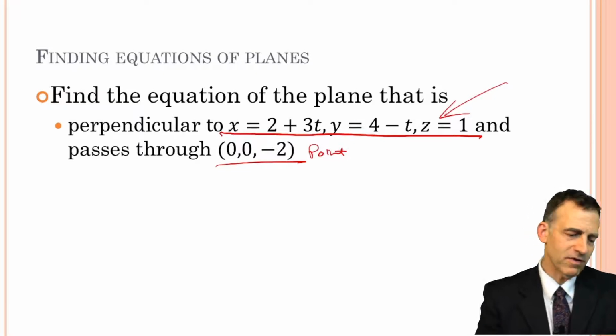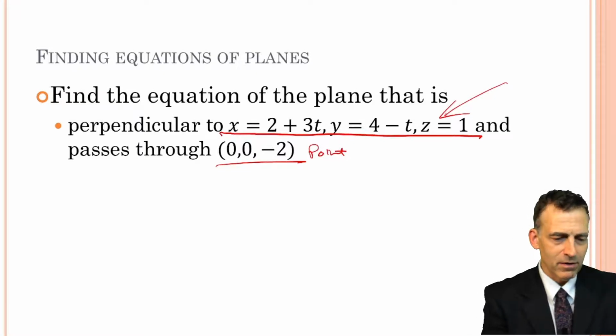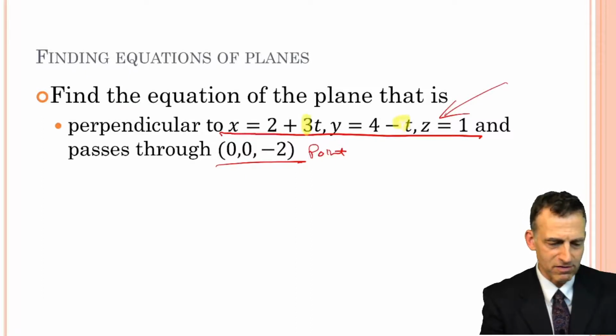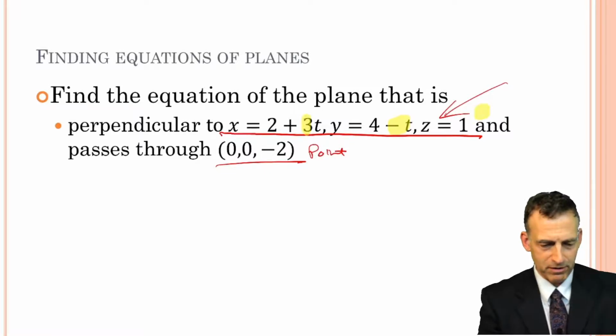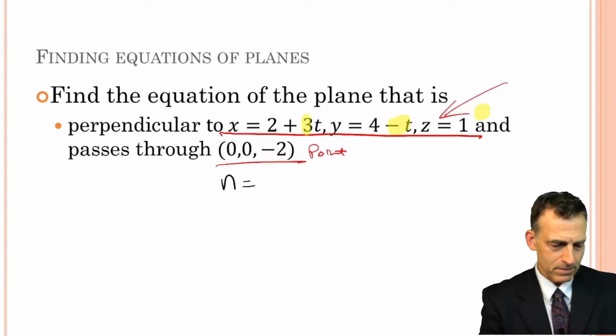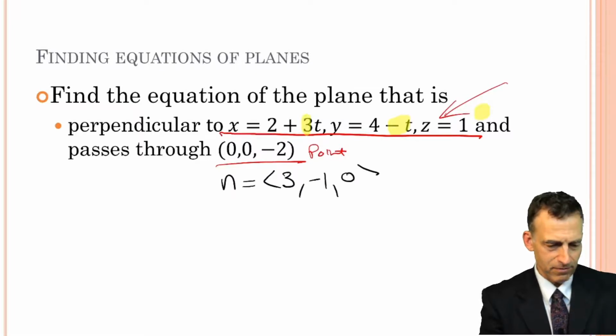So we just need to figure out the direction of that line. The direction can be had by taking the coefficients of t, and there is no t here, so I'll put a little highlight there to remind myself that there's a zero. And so my normal is going to be the vector 3, -1, 0.